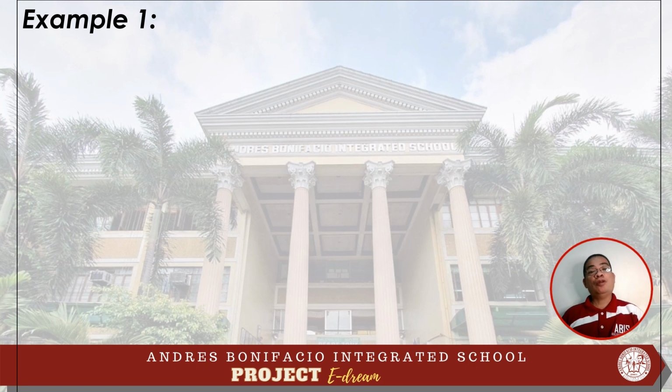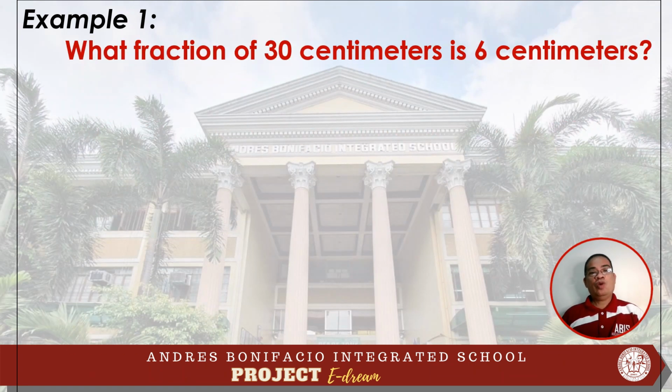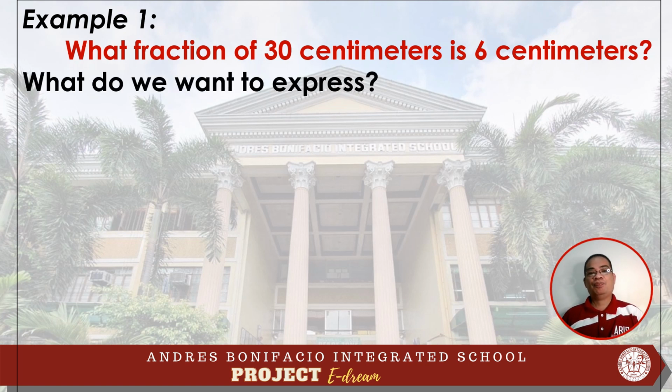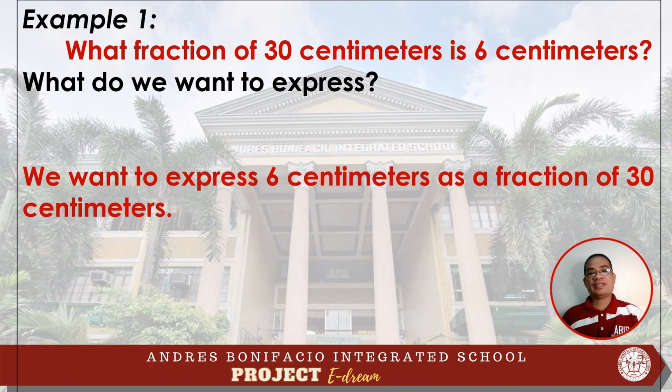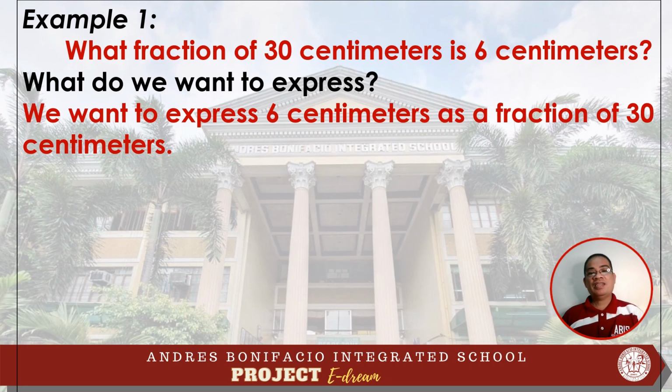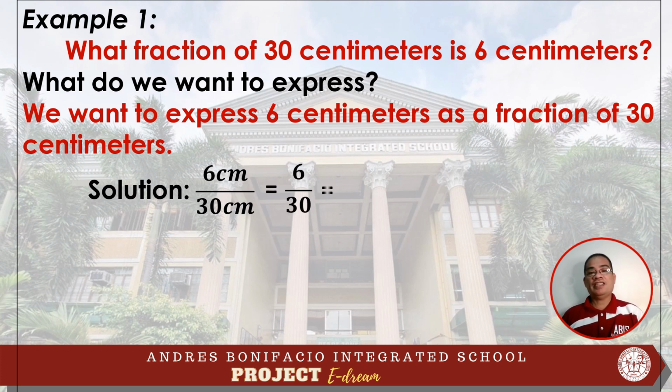Let us solve example number 1. What fraction of 30 centimeters is 6 centimeters? What do we want to express? We want to express 6 centimeters as a fraction of 30 centimeters. For our solution, 6 centimeters over 30 centimeters is equal to 6 over 30.